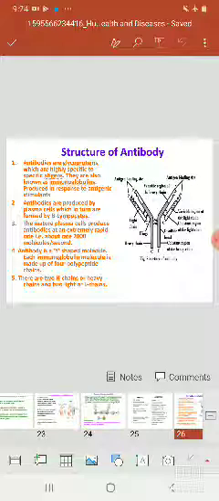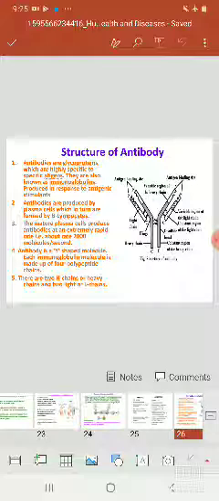They are also known as immunoglobulins, Igs, produced in response to an antigenic stimulation. These antibodies are produced by plasma cells, which in turn are formed by B lymphocytes. The mature plasma cells produce antibodies at an extremely rapid rate, about 2000 molecules per second.